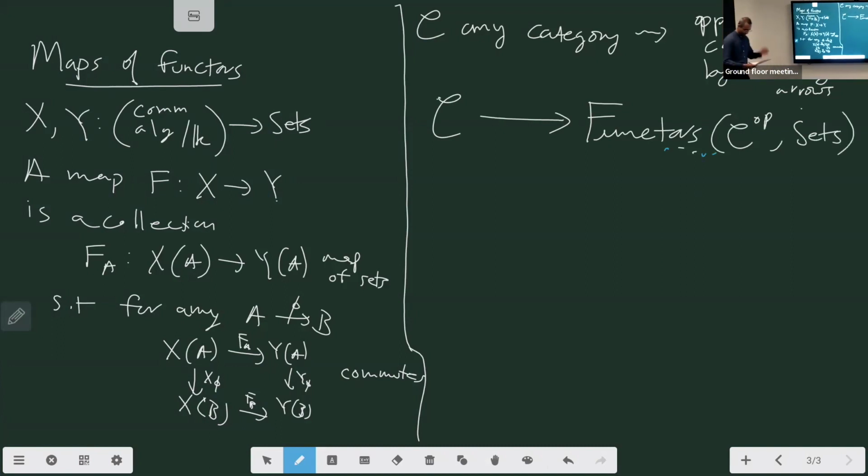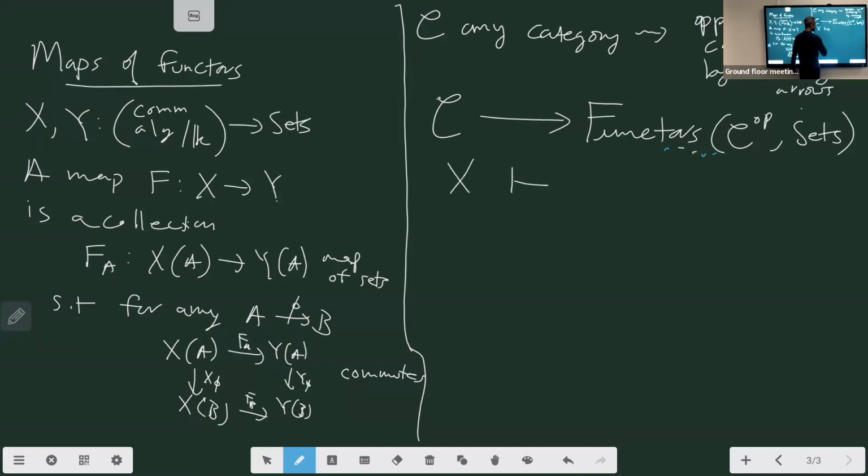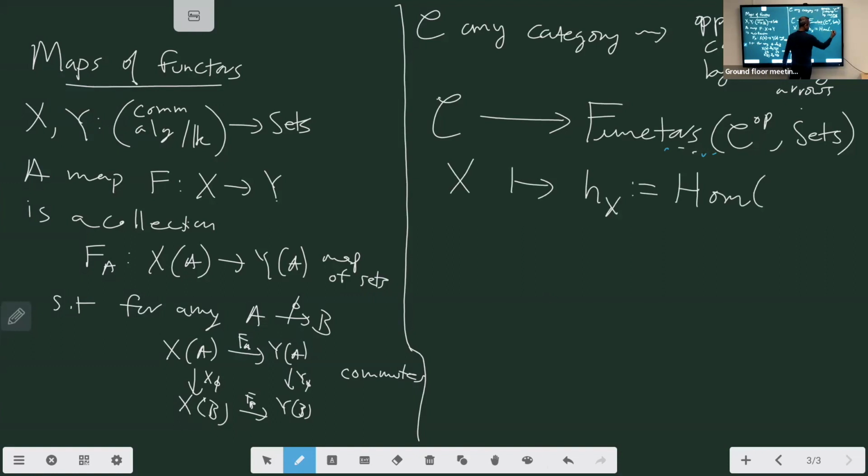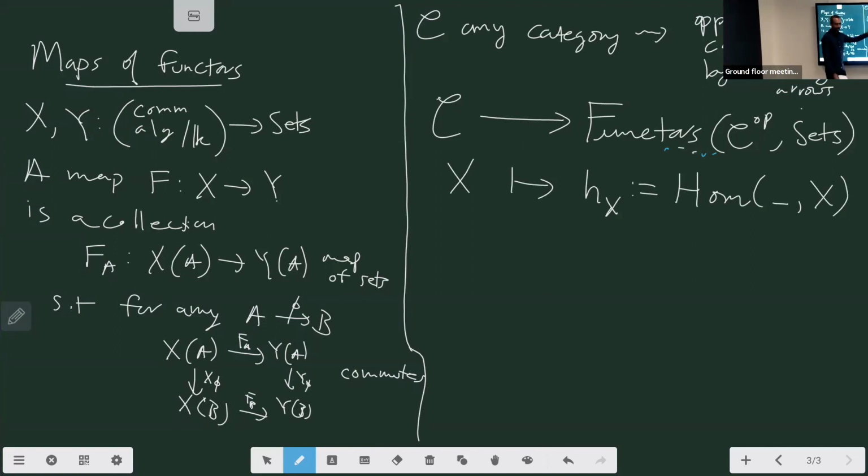This has a name. It's called presheaves on C, which sends x to the functor hx, which is by definition just maps from any object into x. Right? So for every object, I have this functor.